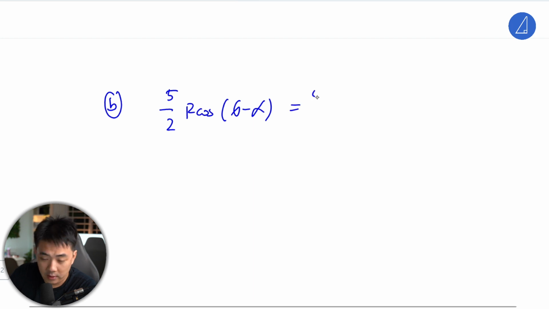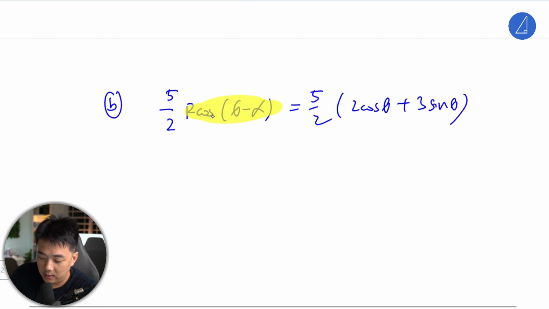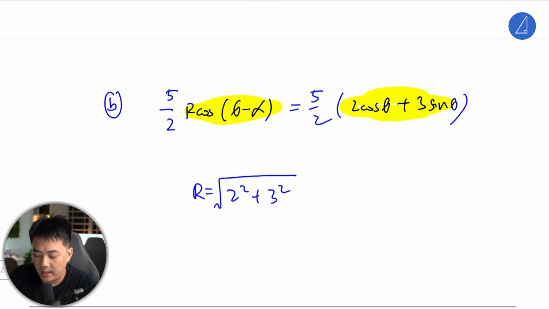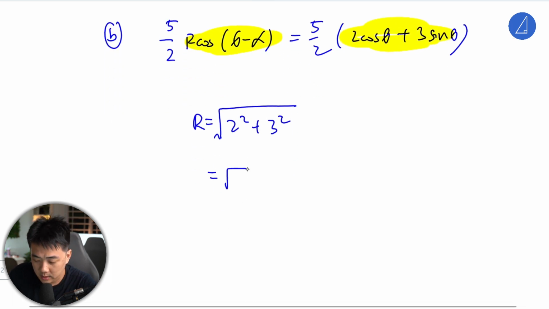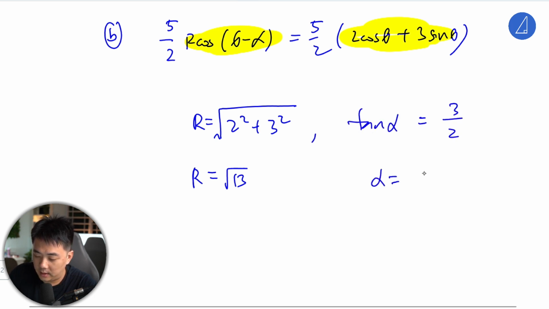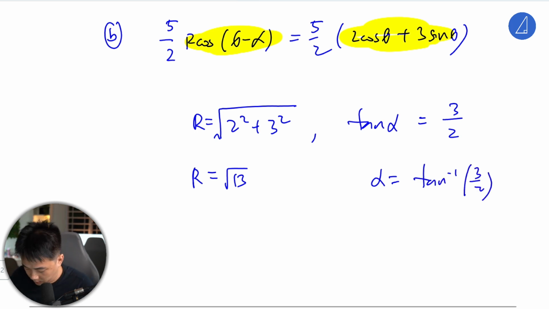Now this is important. The R formula actually refers to this inner part, not the 5 over 2, okay? So just take note of that. So R will just be root of 2 squared plus 3 squared. That will be 4 plus 9, which is 13. Then tangent alpha will just be 3 over 2. Alpha is tangent inverse 3 over 2. And this is in degrees.